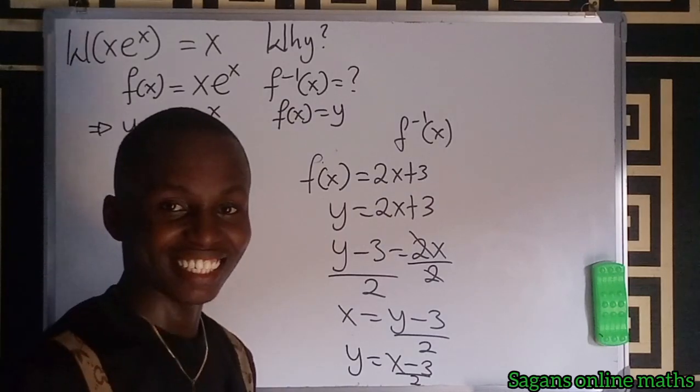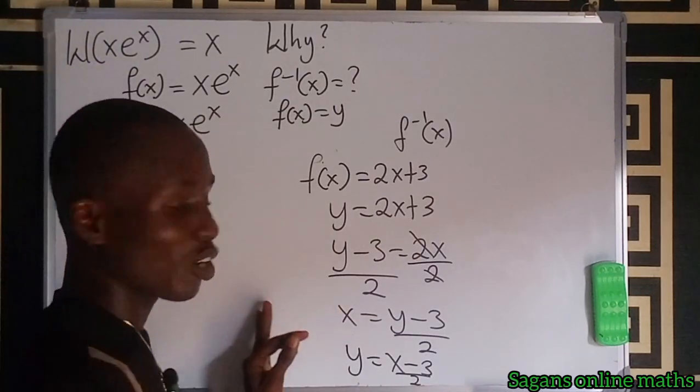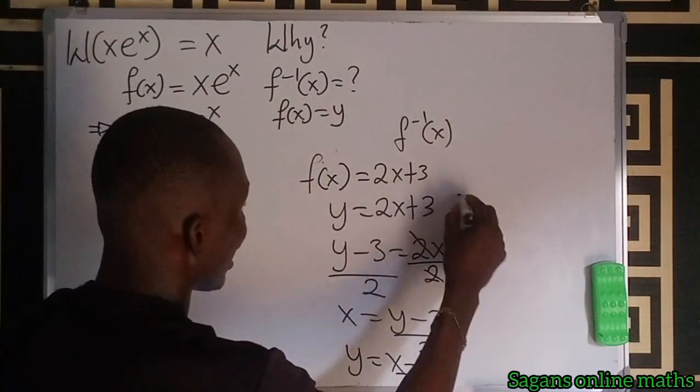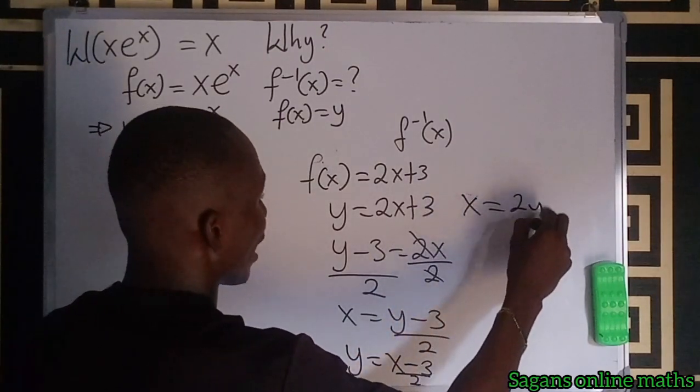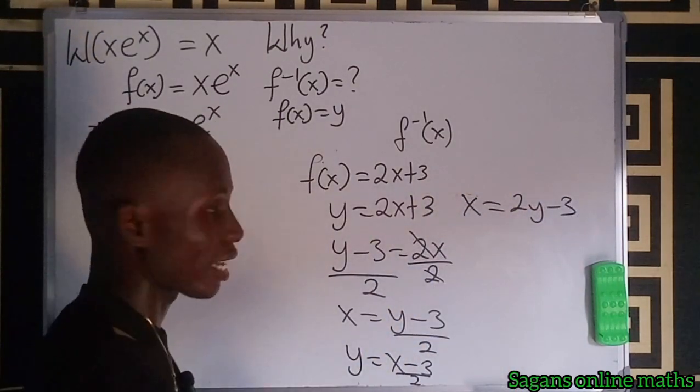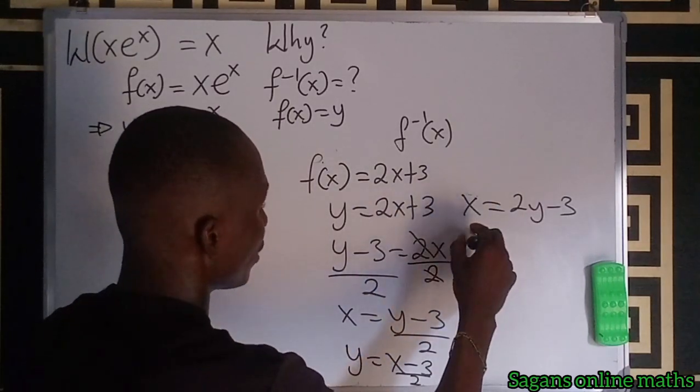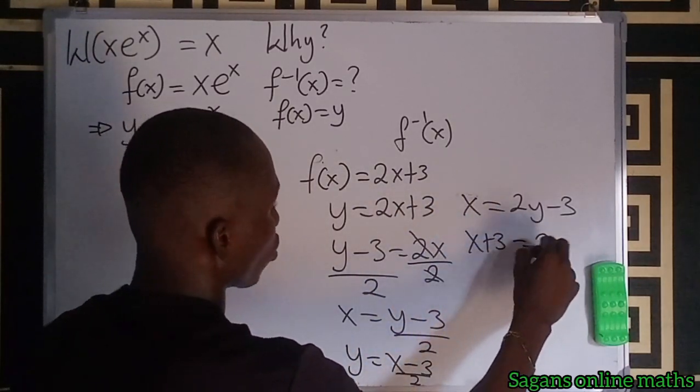But you know the shortcut your teacher always told you: if you swap, it means that x is equal to 2y plus 3. Then you solve for y. So x minus 3 is equal to 2y.